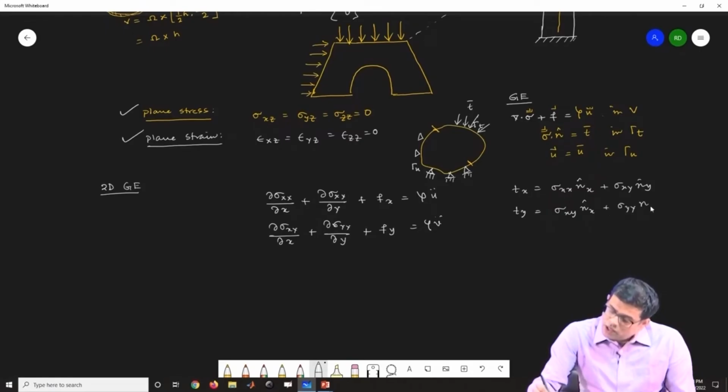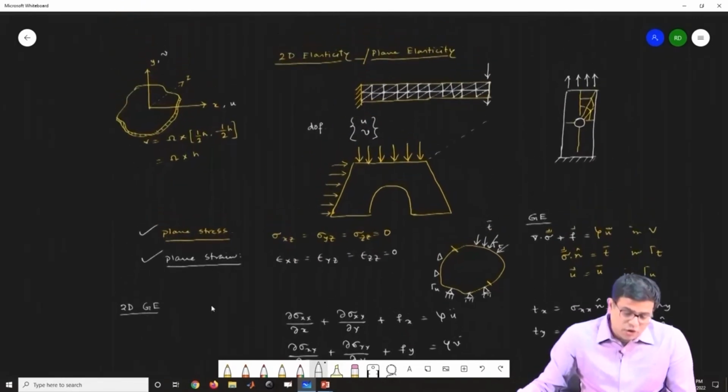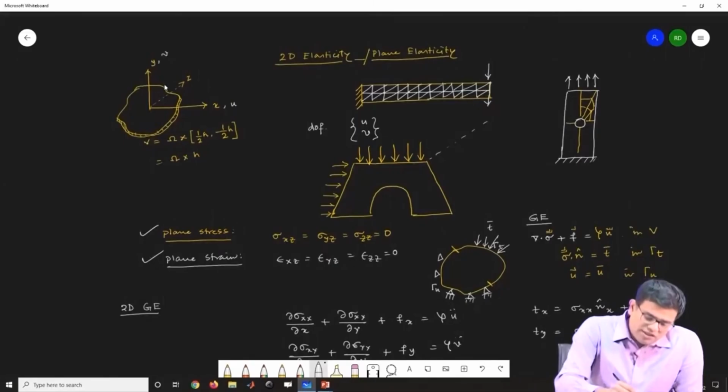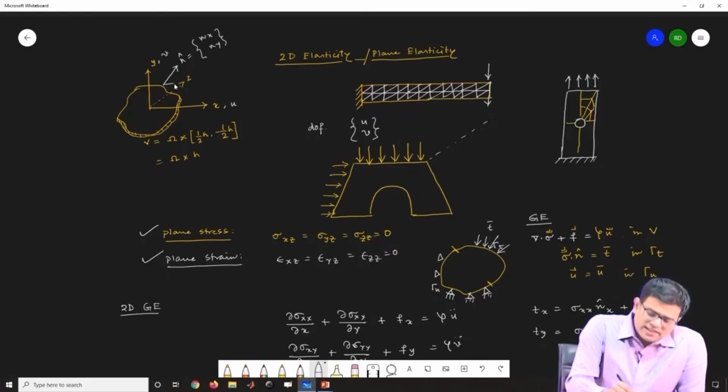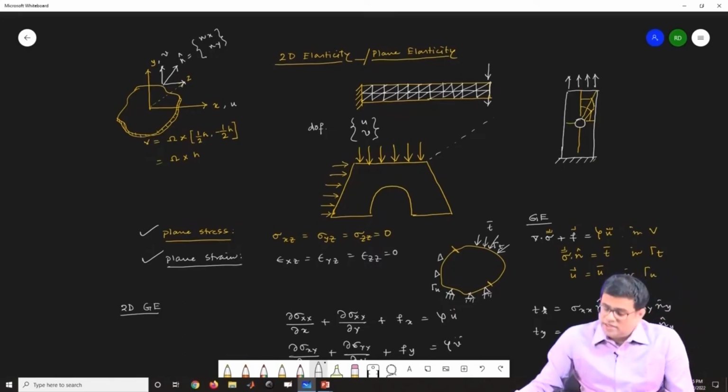So basically what I mean to say by this is that if I look at the 2D body, there is a normal, this is my normal vector. This normal vector has two components, nx and ny. Now this is along the x-axis, its projection is nx, and this is ny.